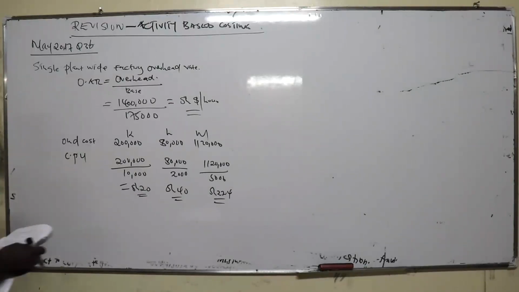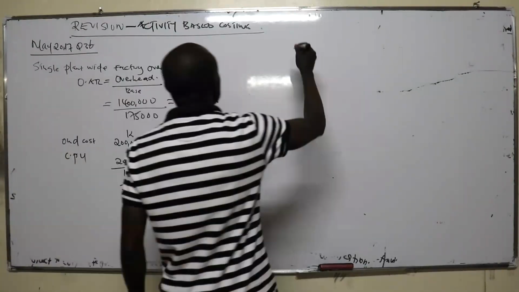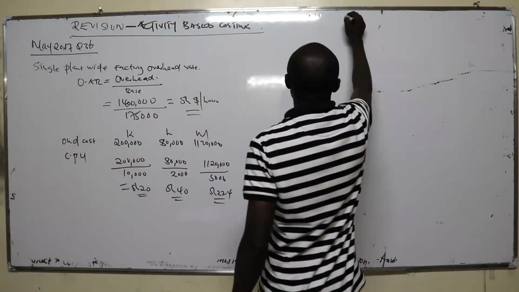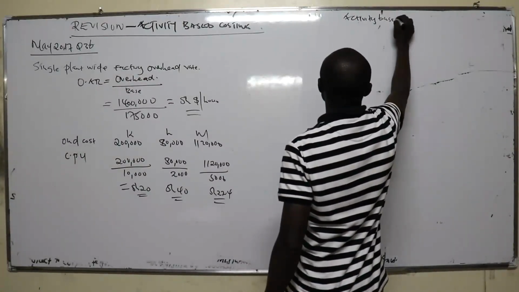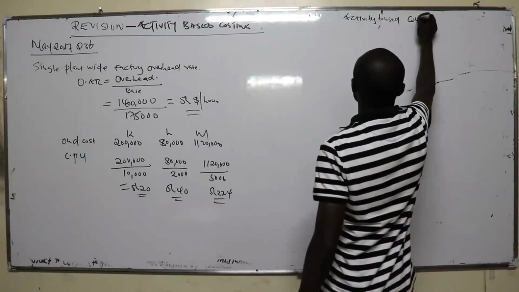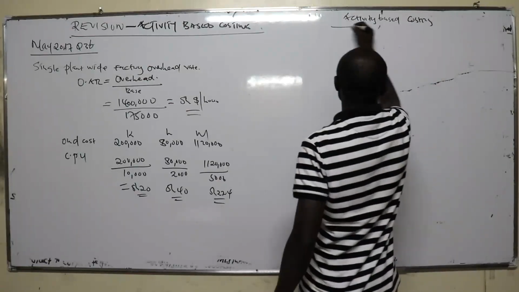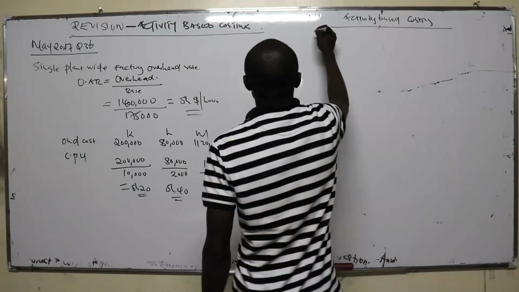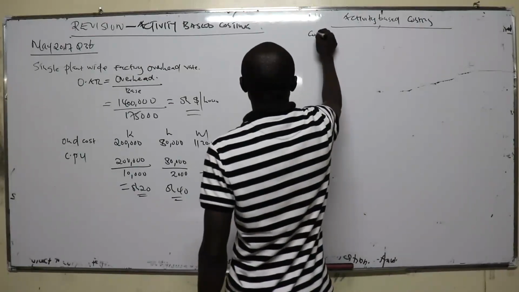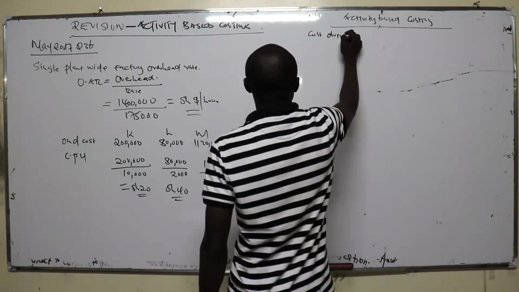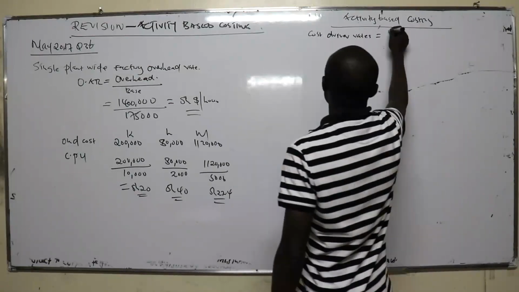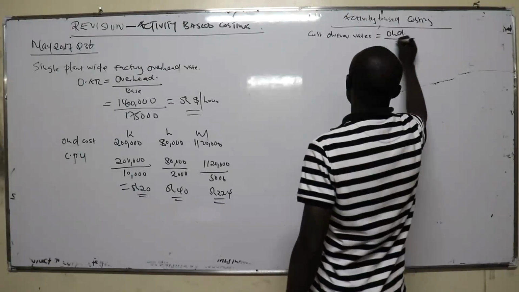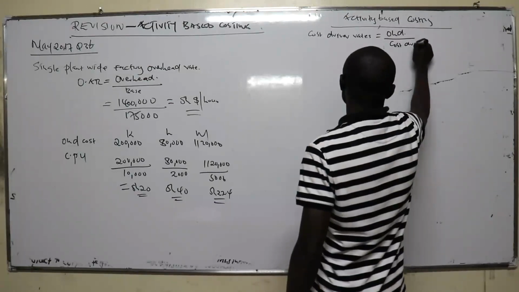So we go to activity-based costing. Here we need to compute what we call cost driver rates, which equals overhead over the cost driver.